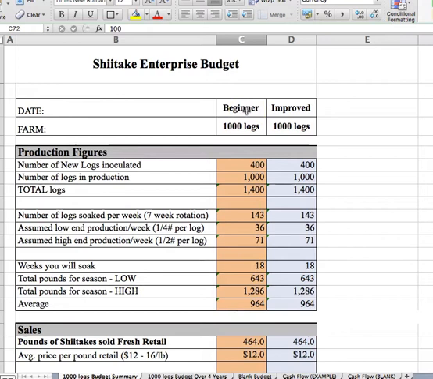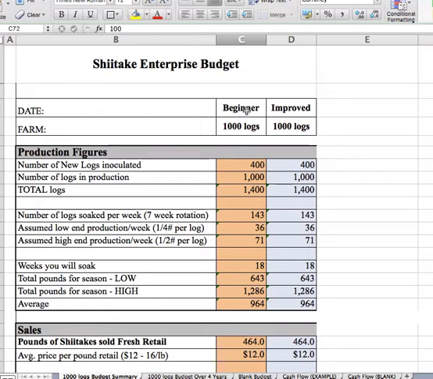This is what would get you into a production scale that should gross over $10,000 in a season. The reason we're targeting that, as I've said before, is because that's when you could claim ag exemption on the property that you're using for production, both the laying yard as well as any forested land that you're using to manage that.